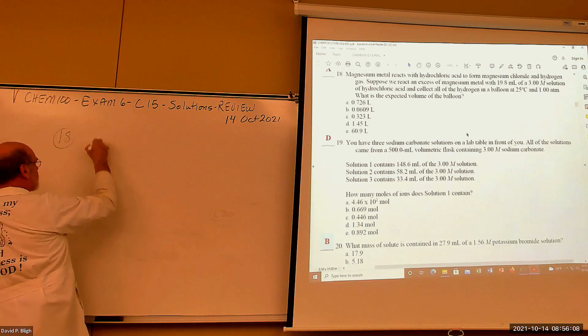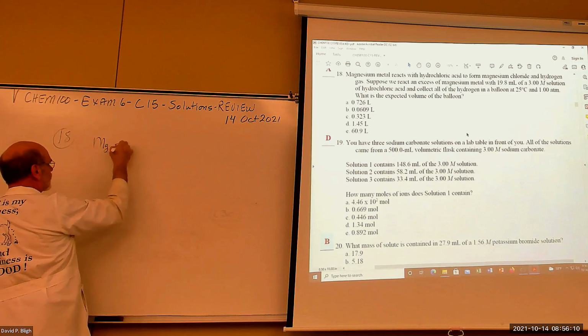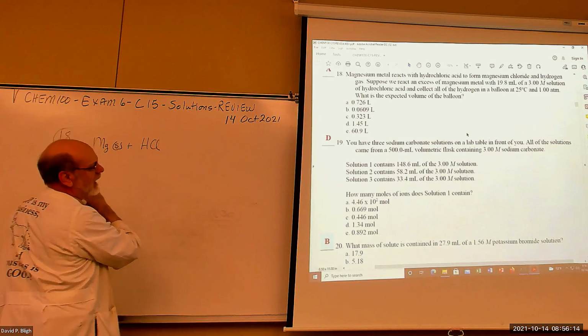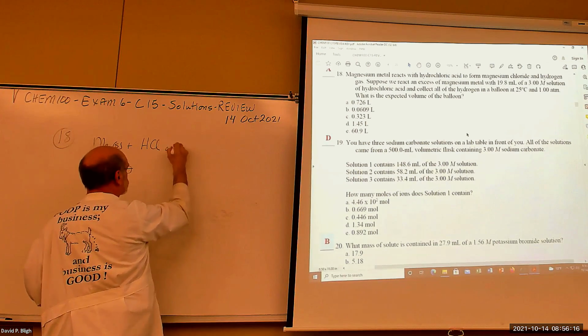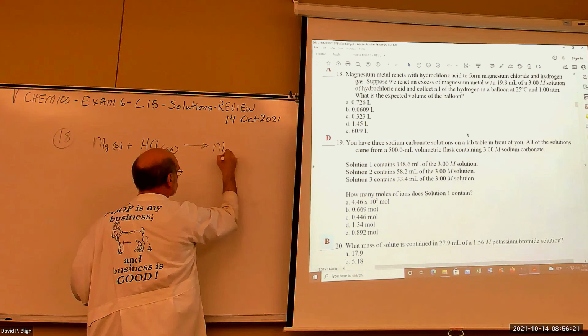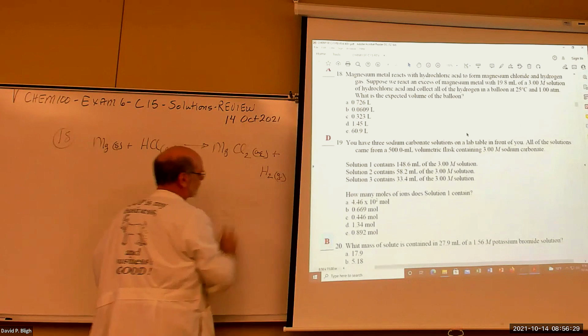So magnesium metal reacts with hydrochloric acid, aqueous, to yield magnesium chloride in solution plus hydrogen gas.